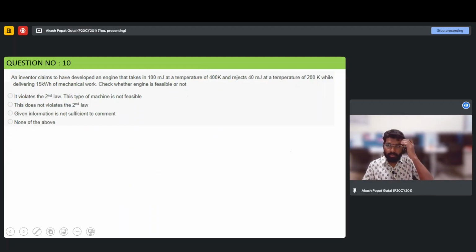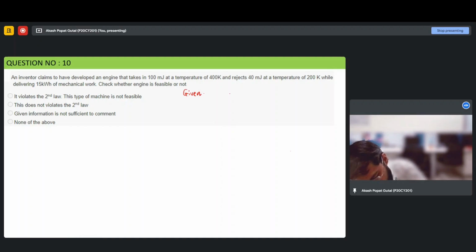Question number 10. An inventor claims to have developed an engine that takes in 100 millijoule at a temperature of 400 Kelvin and rejects 40 millijoule at a temperature of 200 Kelvin while delivering 15 kilowatt hour of mechanical work. Check whether the engine is feasible or not. So first we will take out the given things.